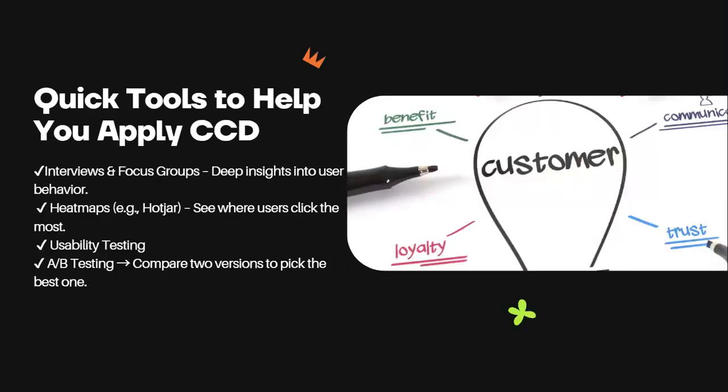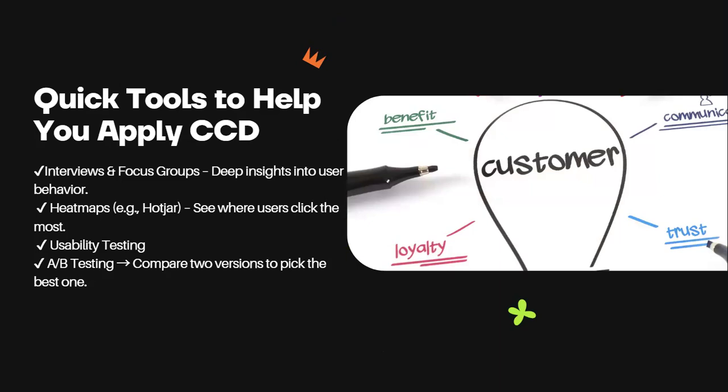So what are the tools to help you apply customer-centric design? Interviews and focus groups: you have to gain deep insight into your user behavior by organizing interviews and focus group surveys. You can also use heat maps such as Hotjar to see where users click the most on your app.